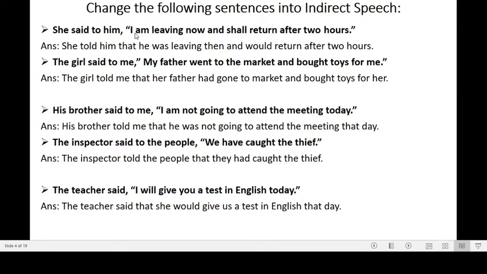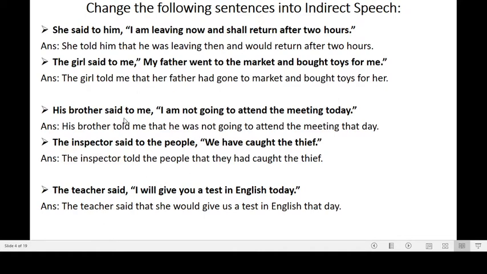So first you should identify the type of sentence and then you should understand the tense form of the sentence, in which tense it is, and then you have to understand the pronoun, to whom the statement is addressed. According to that you have to choose the pronoun, and also you have to see other changes that you have to make in the sentence.